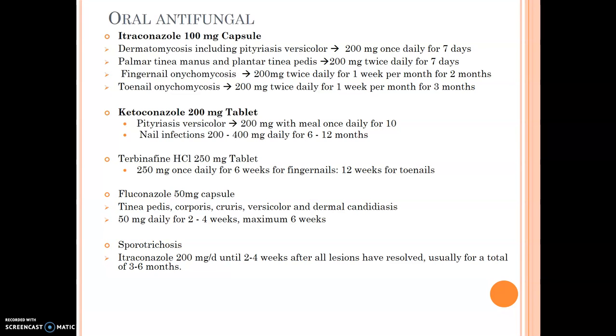For sporotrichosis, as I mentioned just now, it needs quite a long duration of treatment. Itraconazole 200 milligram until 2 to 4 weeks after all lesions have resolved. So it takes quite some time and can be up to 3 to 6 months.